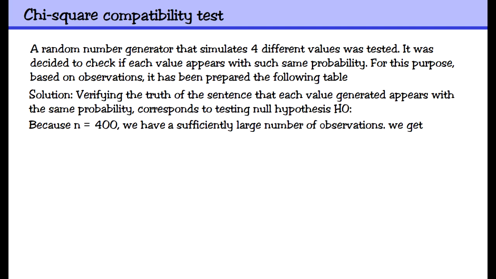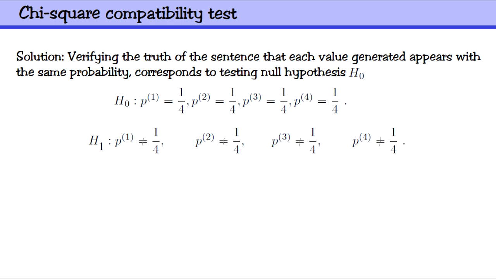So verifying the truth of the sentence that each value generated appears with the same probability corresponds to testing the null hypothesis of the form p1 equals 1/4, p2 equals 1/4, p3 equals 1/4, and p4 equals 1/4, against the alternative hypothesis that p1 is not equal to 1/4, or p2 is not equal to 1/4, or p3 is not equal to 1/4, or p4 is not equal to it.